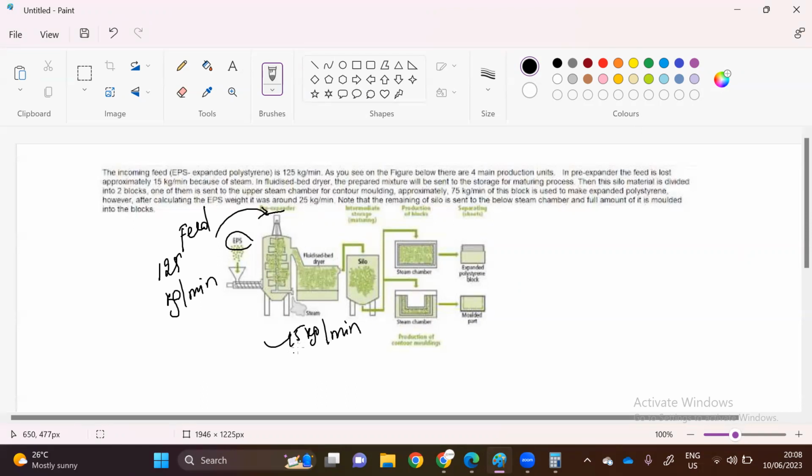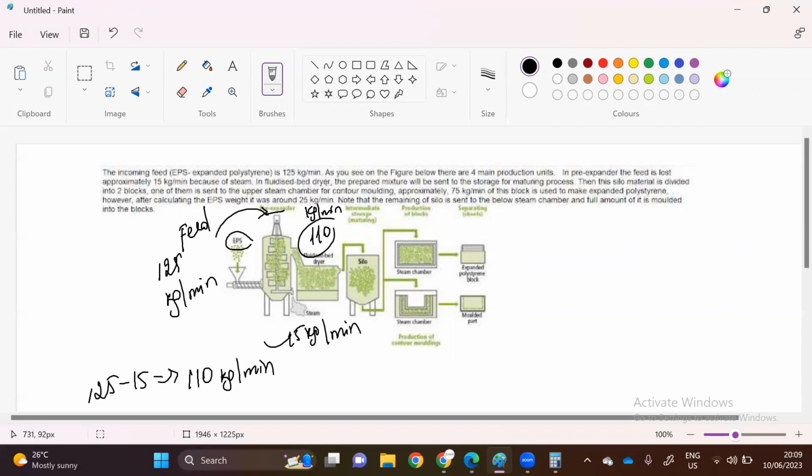So if 15 kilogram per minute is lost, it means 125 minus 15 is equal to 110 kilogram per minute is the outlet of the pre-expander, right? 110. I will write it this way: kilogram per minute. Don't forget to write the units. So we have done the first part.